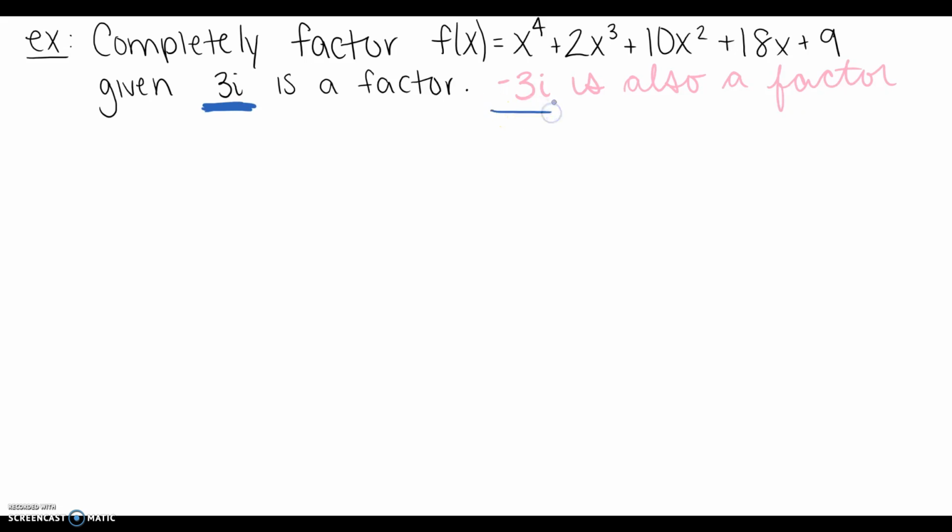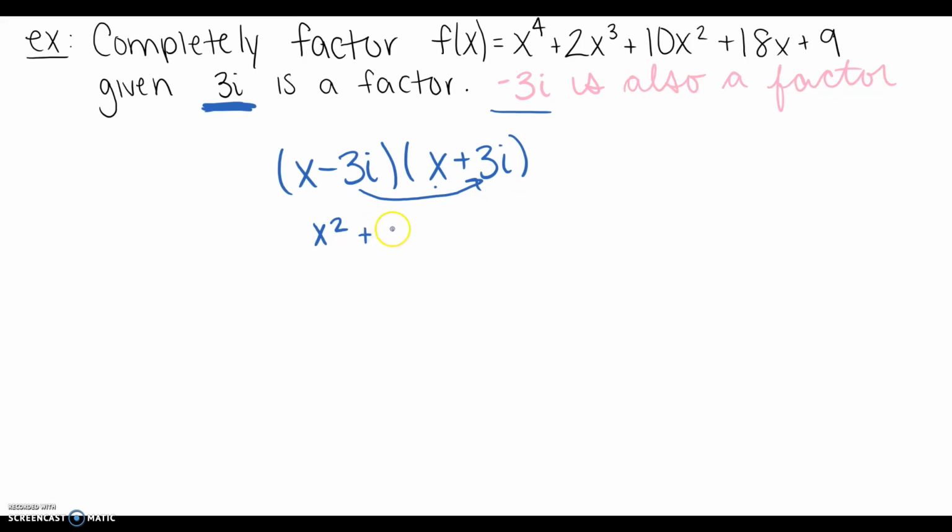So if these two are factors, I can write them as x minus 3i times x plus 3i. And then what I'm going to do is double distribute. So x times x is x squared. My 3i's will cancel, and then negative 3i times positive 3i is going to be negative 9i squared, which simplifies to be plus 9.